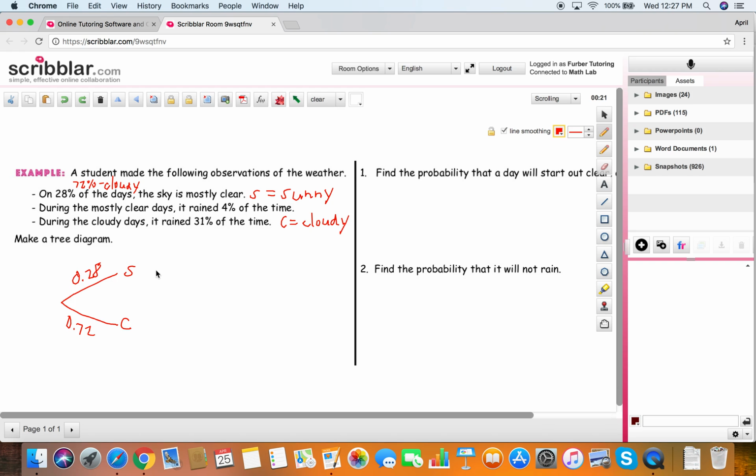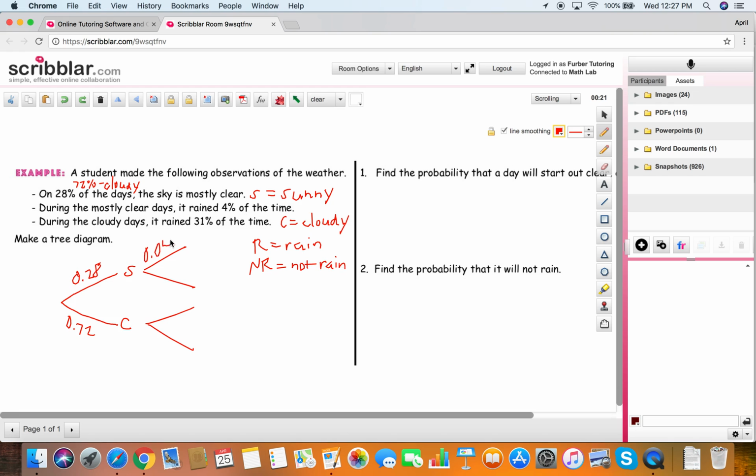Now, on any given day, whether it starts out as sunny or cloudy, it might rain or it might not rain. So I'm going to do R for rain and NR for not rain. So on a sunny day, it says it only ends up raining 4% of the time.